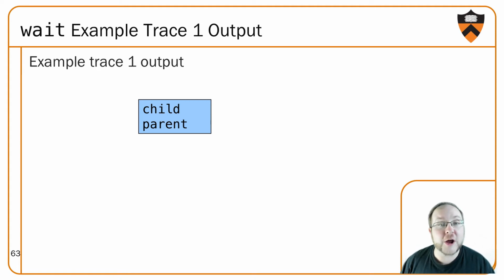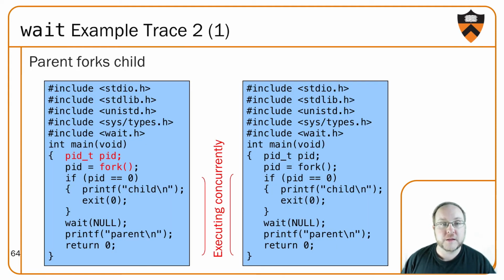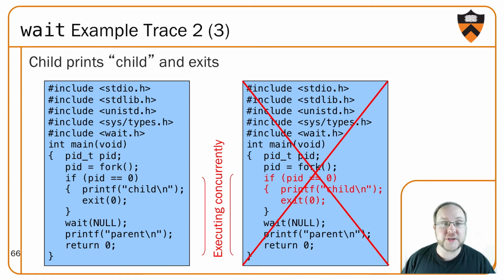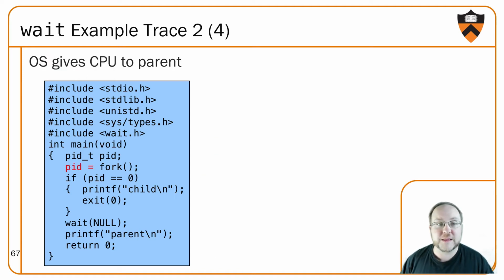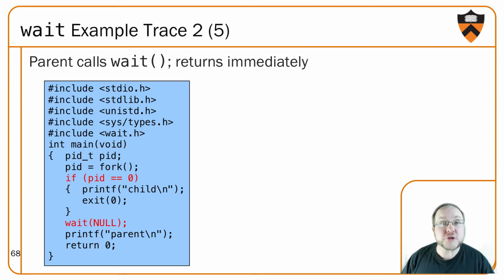Now how about if the child ran first? Back to the main, the parent forks, the child gets the CPU, the child enters the consequent, prints, and exits. Then the parent gets to run. It calls wait, which returns immediately because the parent has a child that has already terminated and has not yet been waited on.